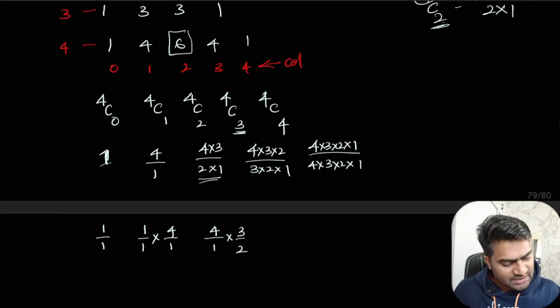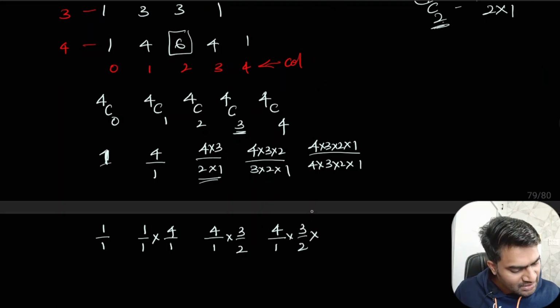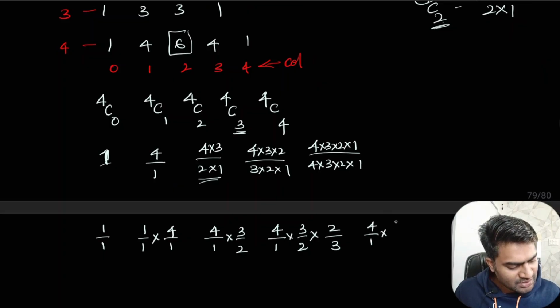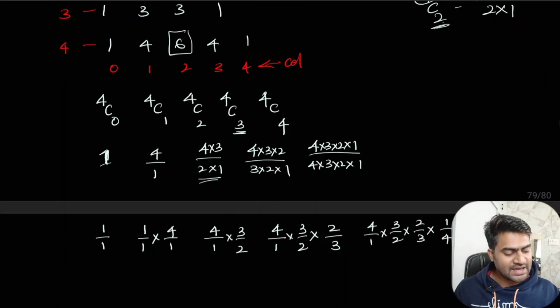Next value, I will write 4 divided by 1 into 3 divided by 2 into the last value, which is 2 divided by 3, correct, right? Now the last one, 4 divided by 1 into 3 divided by 2 into 2 divided by 3 into 1 divided by 4. This is how I rewrite this entire row.